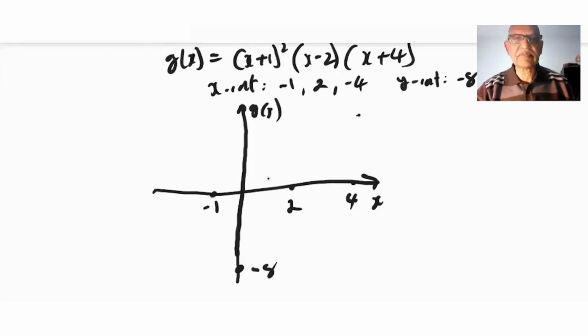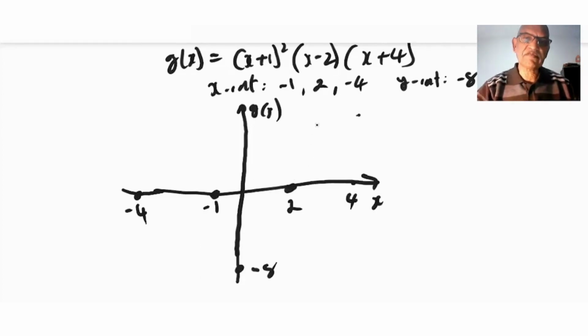And then at x equal to 1, x plus 1 squared is 4, this is minus 4... So my points are minus 4, minus 1, 2, and I have minus 8.